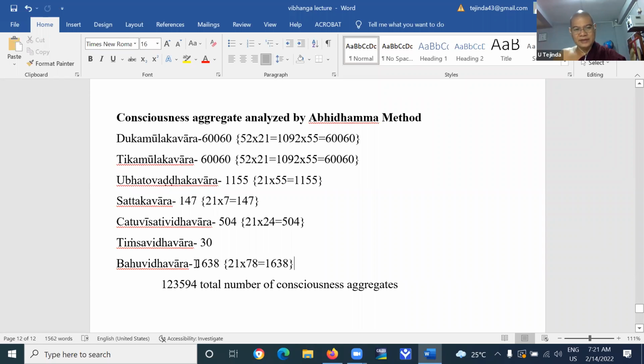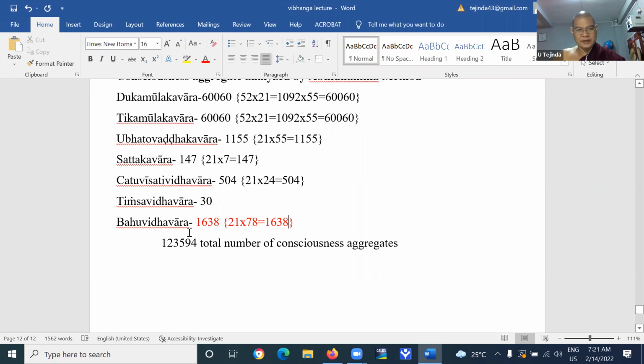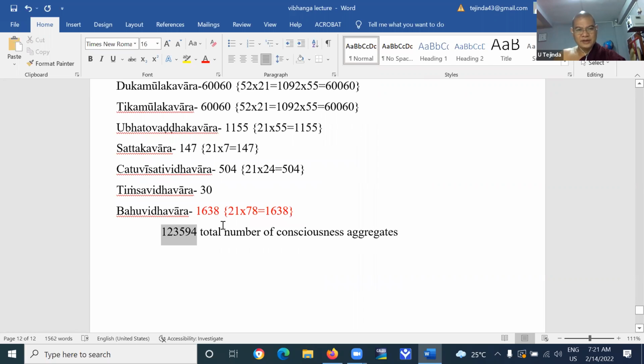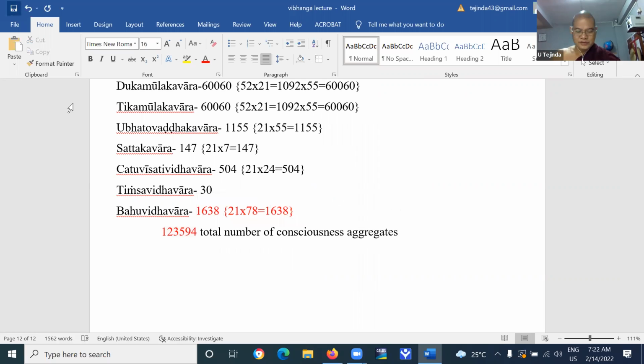That's why we have different numbers. Only in this Bhuvida Vara do we have different numbers. But the total number of the Vijnana Khanda here, we have 1, 2, 3, 5, 9, 8. So you need to know that it's different for the Sanya Khanda.